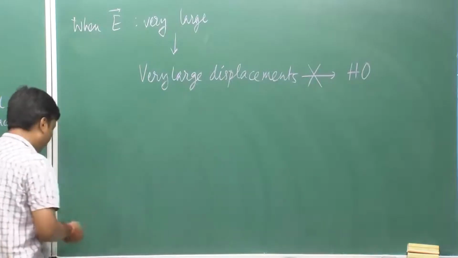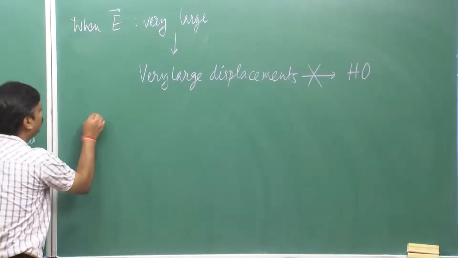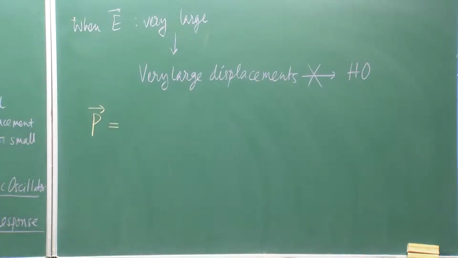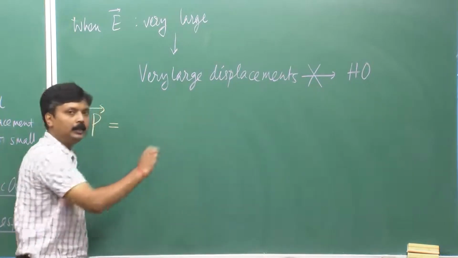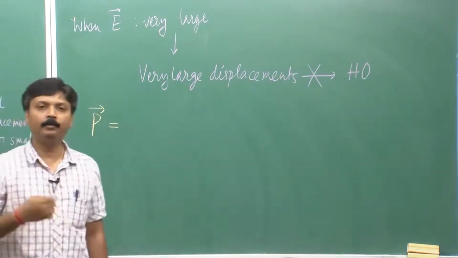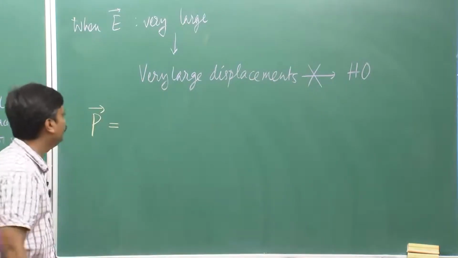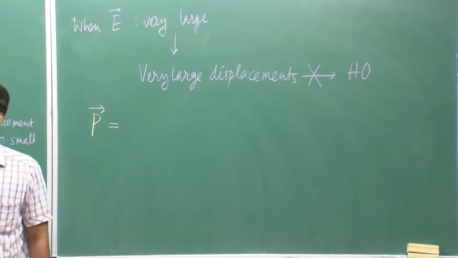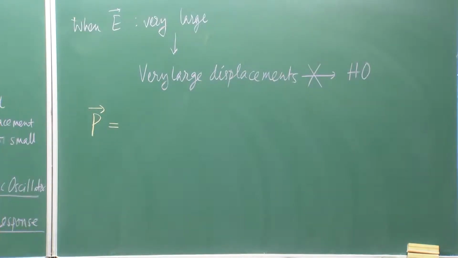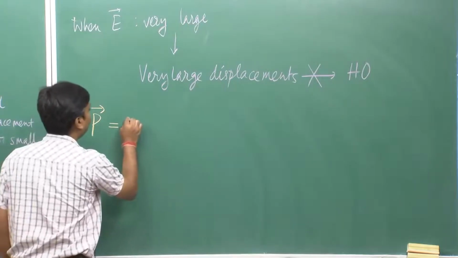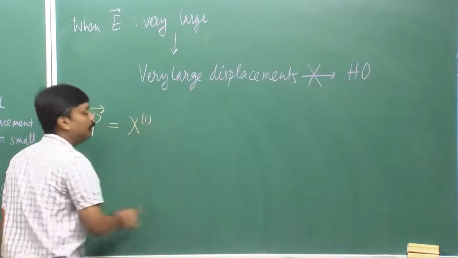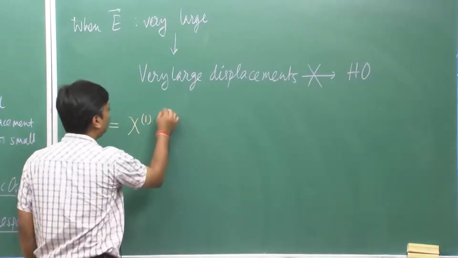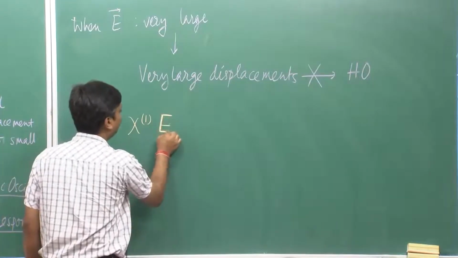In that case, I have to redefine my polarization as follows. If there is anharmonicity in my electron oscillation created by a large electric field of light, then this polarization I can expand by using a power series on the electric field, and I can write it keeping my usual linear term. Okay, so I am writing it in bold.